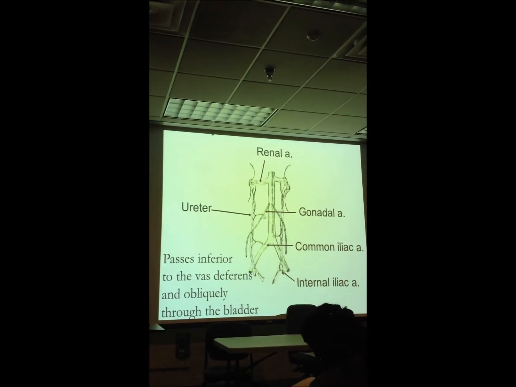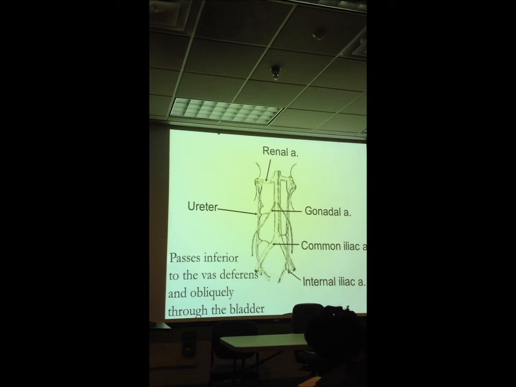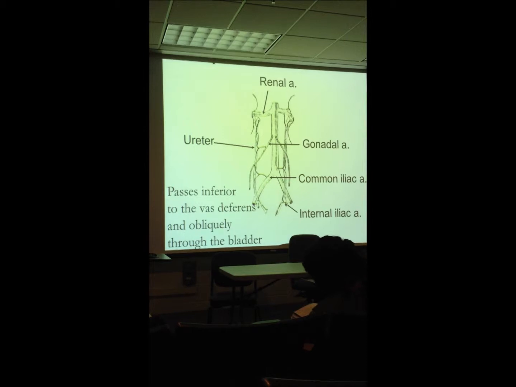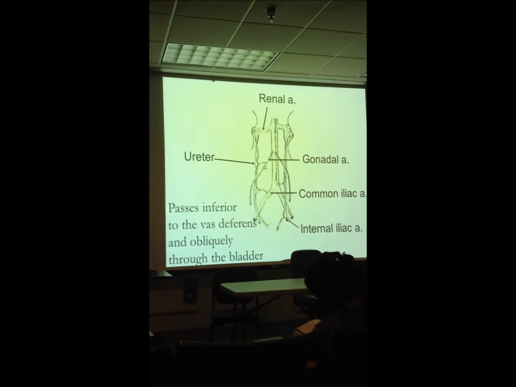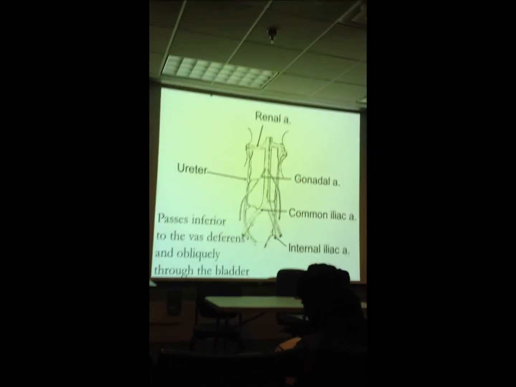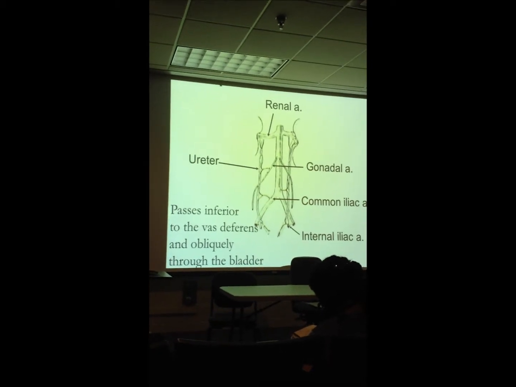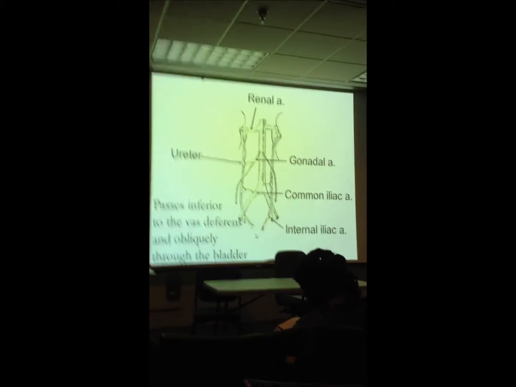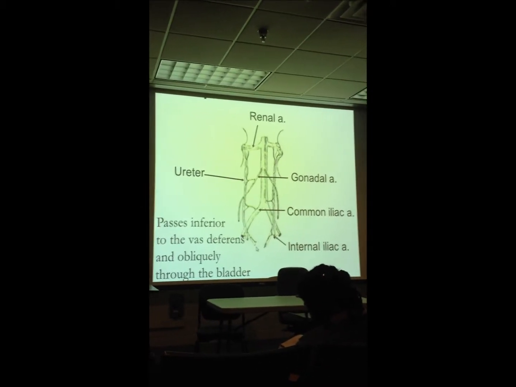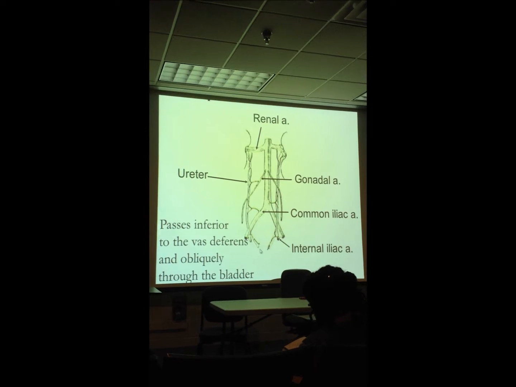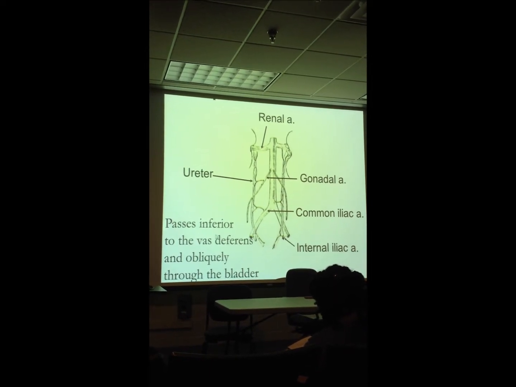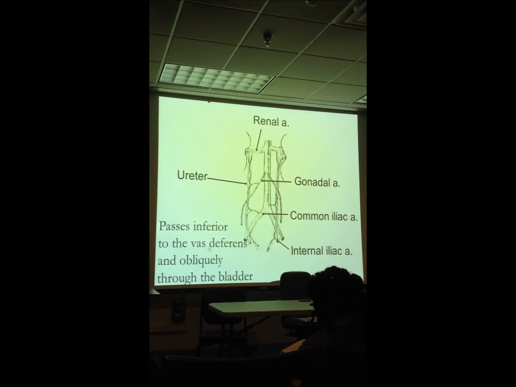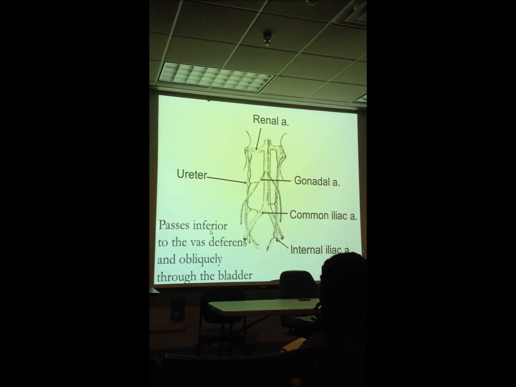All right? How about that ureter? Well, the ureter is going to be vascularized by anything it comes anywhere close to. So the renal artery is going to vascularize it, and it passes over the common iliac artery clearly. Common iliac is going to vascularize it. Internal iliac is going to vascularize it. The inferior vesical arteries are going to vascularize it. And then it passes inferior to the vas deferens, and I hope that's clear to everybody by now. This is water under the bridge in the male.